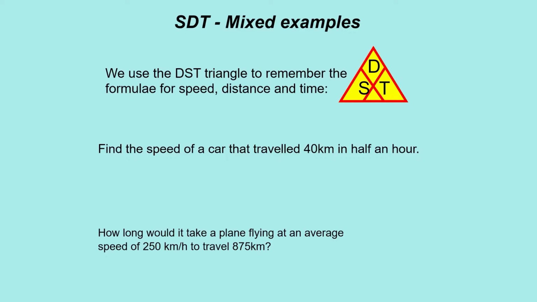For the first formula, we're going to start off with distance. If we're looking for distance, we cover up distance and see what's left over, which is speed times time. So D equals S times T. If we want to find speed, we cover up speed, and speed equals distance over time.